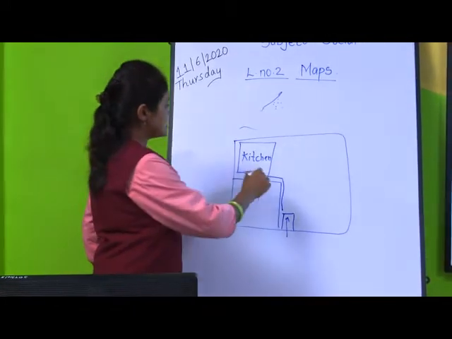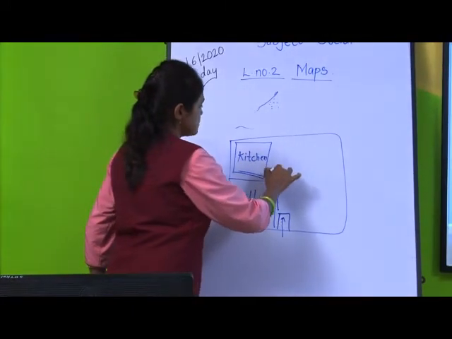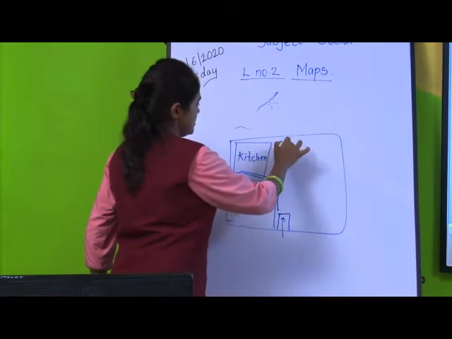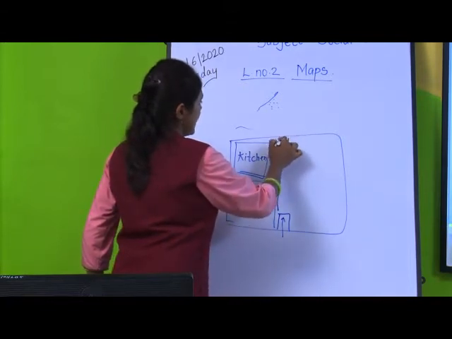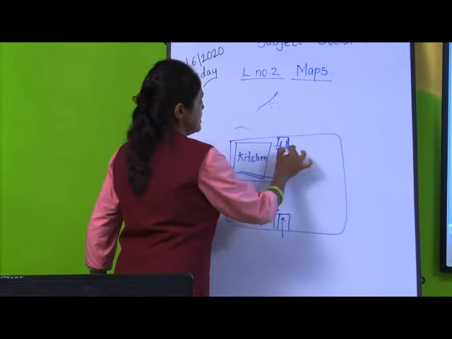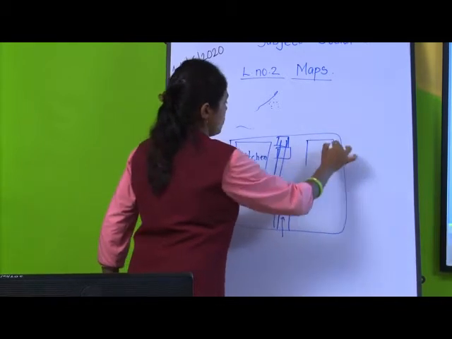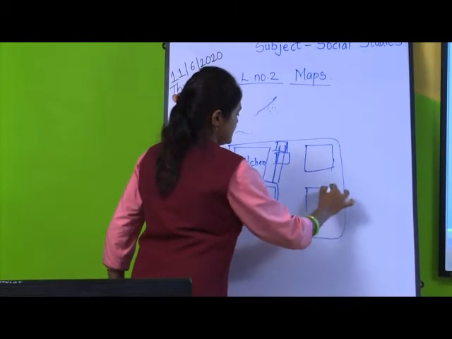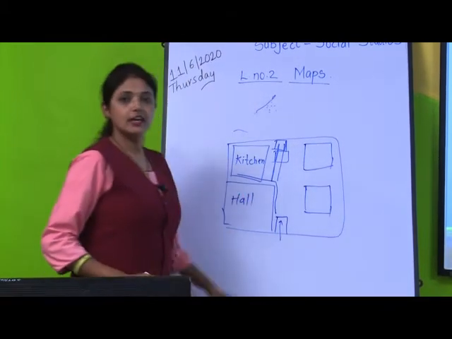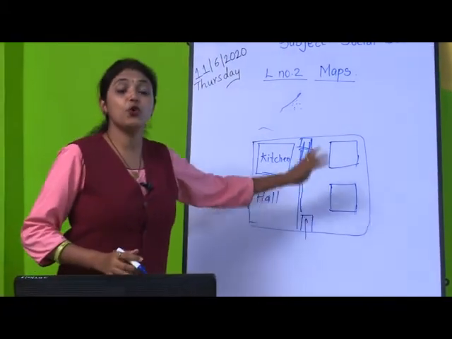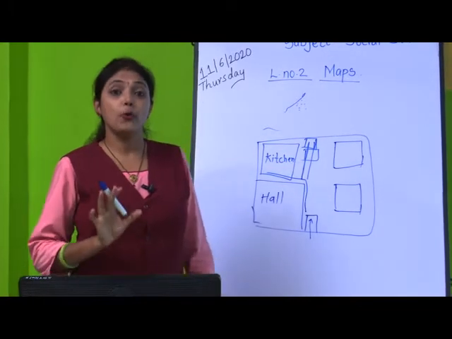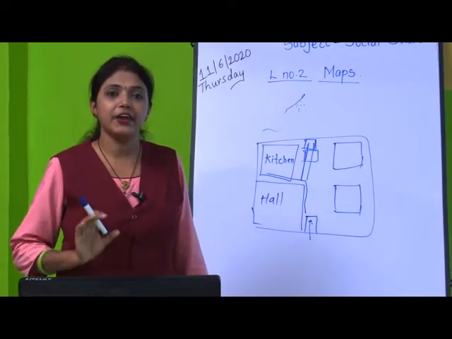As I move to this part, this passage, here is our toilet and bathroom. Here is one bedroom, here is another bedroom. You can show the map of your house very clearly and accurately.